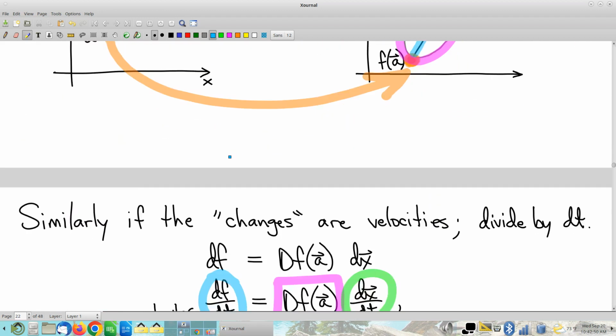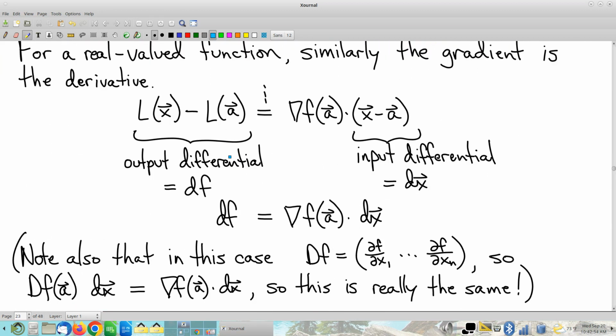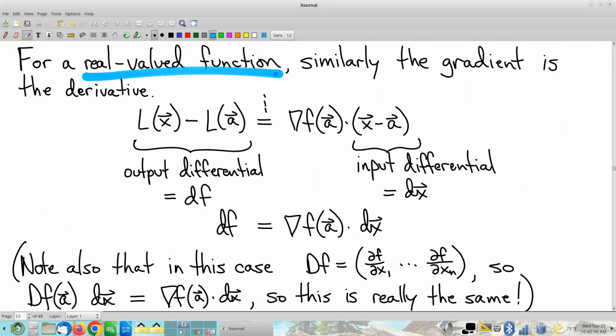So all I'm doing down here is pointing out that when you're talking about real valued functions, you have the option of, instead of using the derivative matrix, using the dot product with the gradient vector. It's just a different way of writing it down, right?